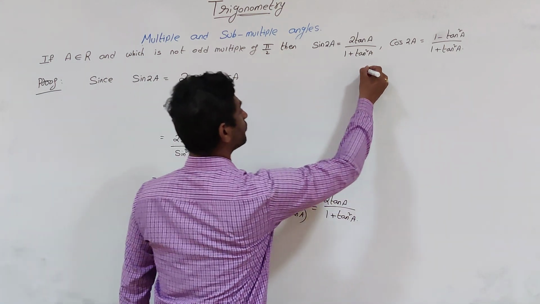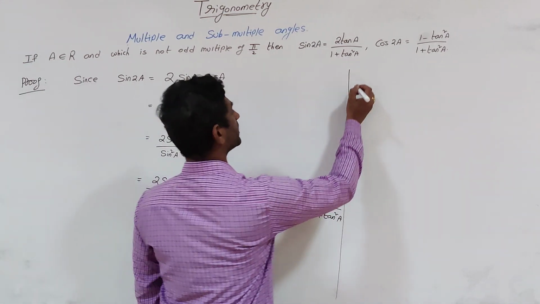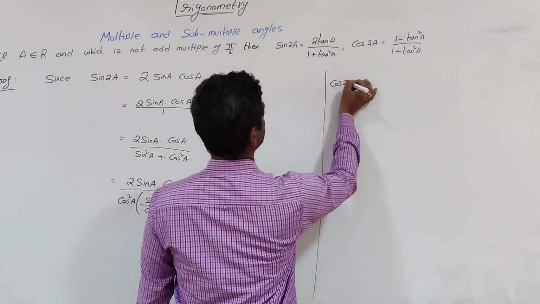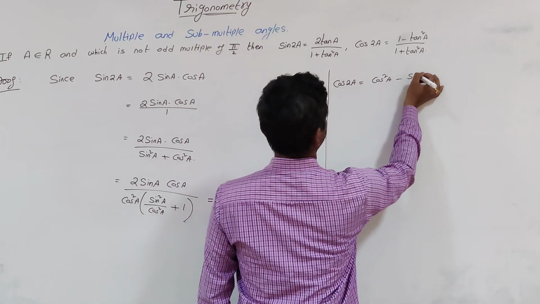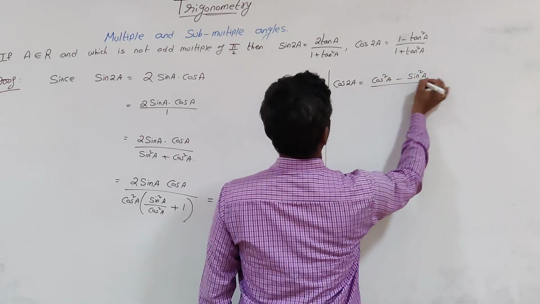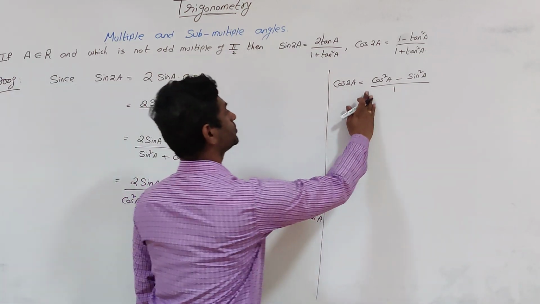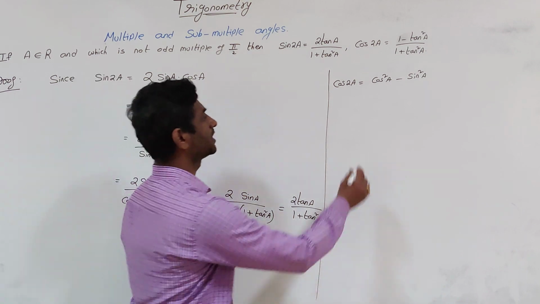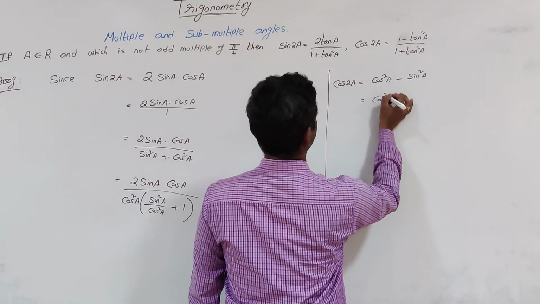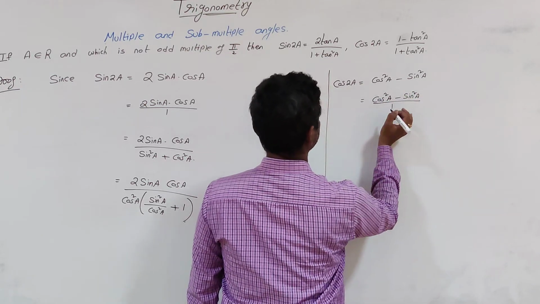Similarly, we will go for the next one, that is cos 2A in terms of tan. How can we write cos 2A? It can be written as cos square A minus sin square A by 1. What is cos 2A? It is just cos square A minus sin square A, and that can be written as cos square A minus sin square A by 1, which doesn't affect it.